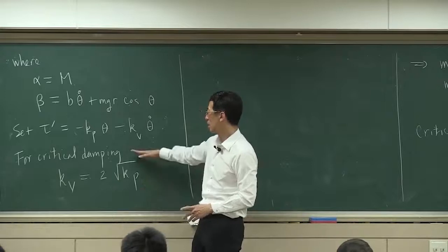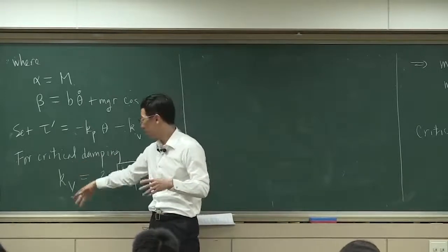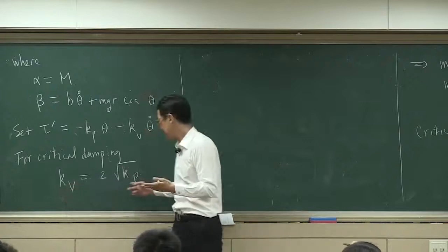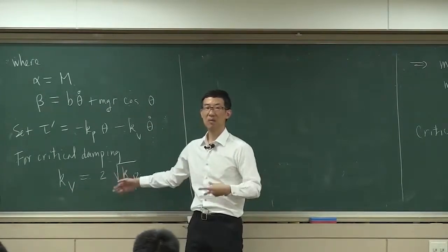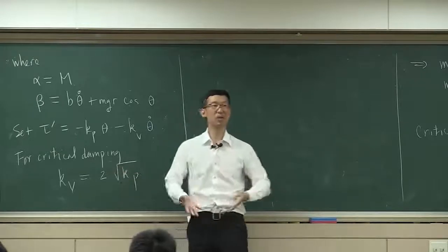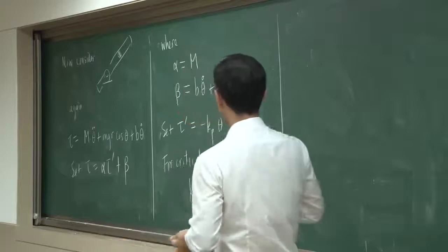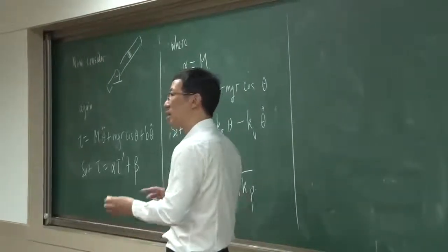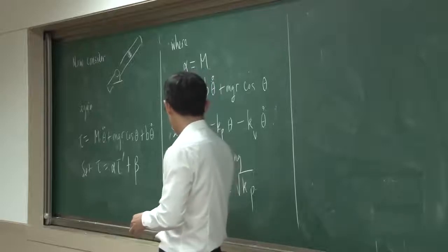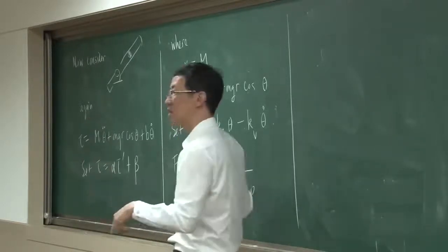For critical damping, all we require is that kV and kp obey this relationship. So that means that we can make kV and kp arbitrarily large. If you think about what large gains mean, remember, this is applied to the x dot term and this is applied to the x term.